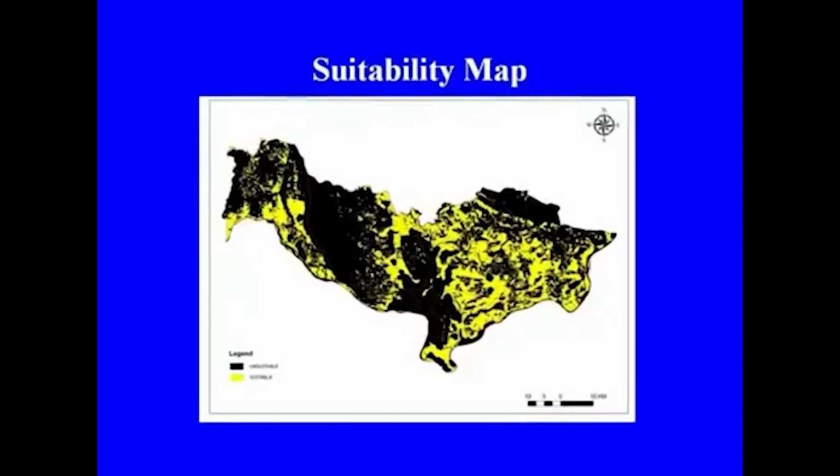So, with this information we now prepare what we call the suitability map, that is, overlaying the constraints and using the different buffer maps that have been created, we identify which are the regions that are suitable. So, all the black areas in the province are those areas which are unsuitable for any developmental activities as per the constraints which are given.